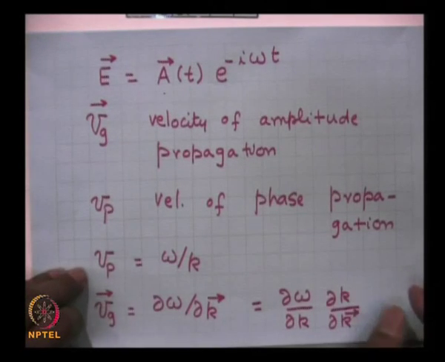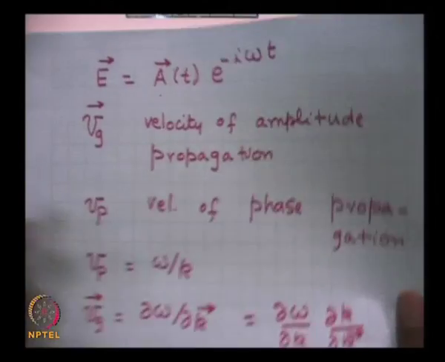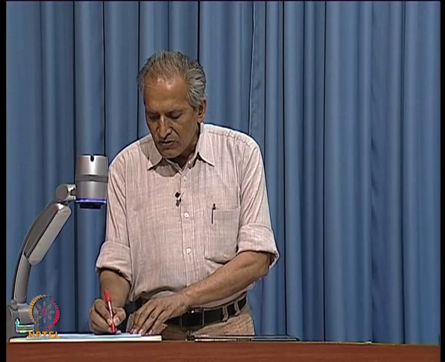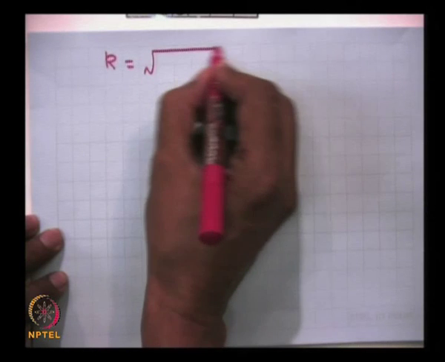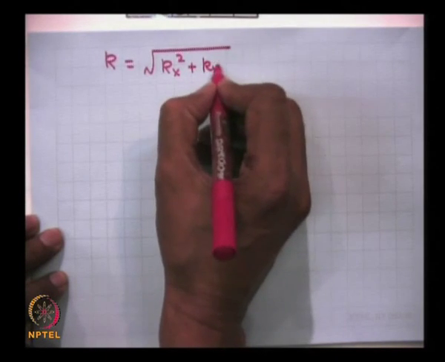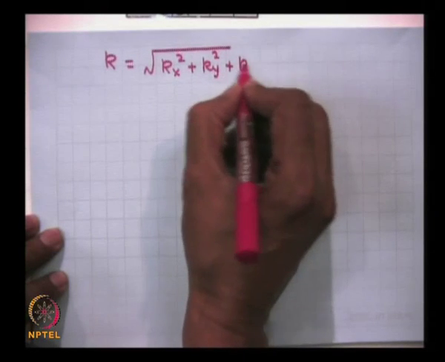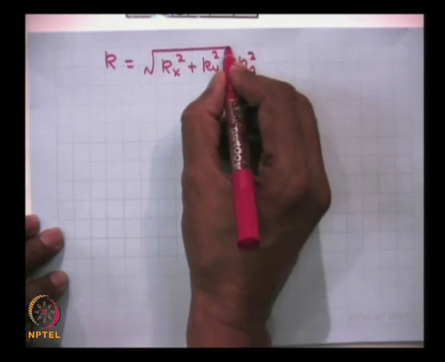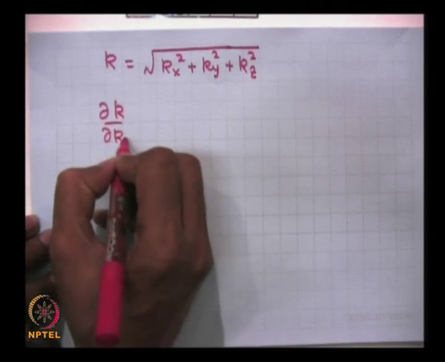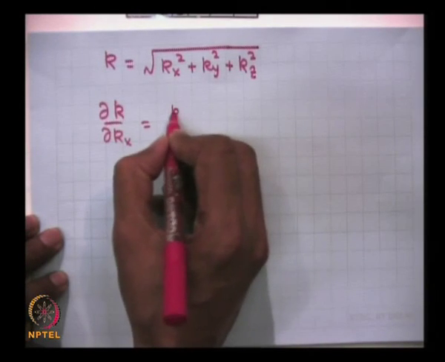And if you differentiate k with respect to k vector, what do you get? Because k is equal to under root of kx square plus ky square in general plus kz square. So, if you obtain delta k upon delta kx, this will be equal to simply kx upon k.